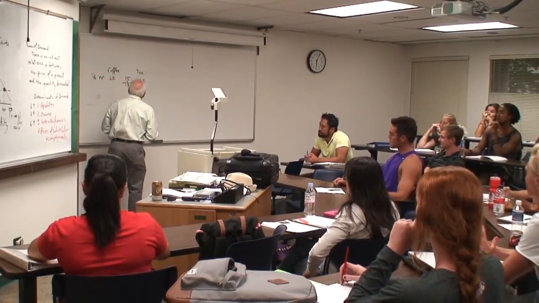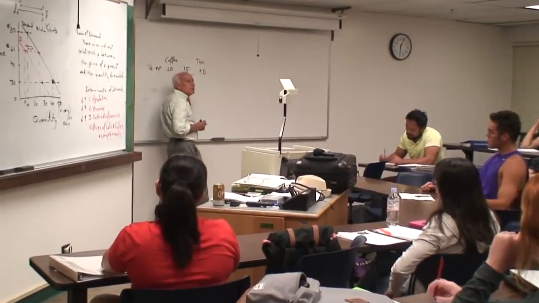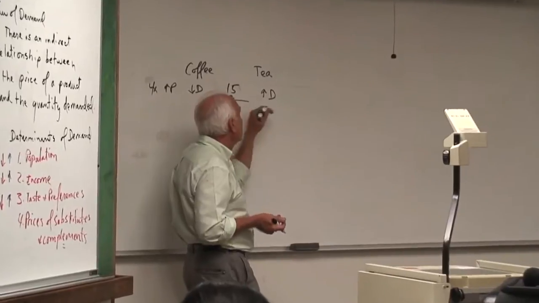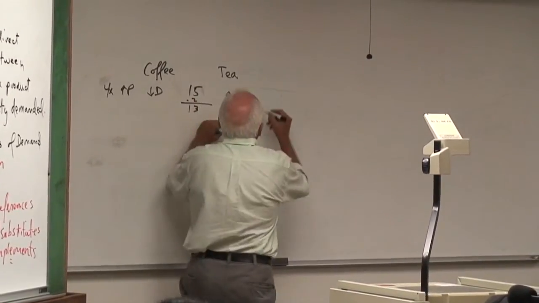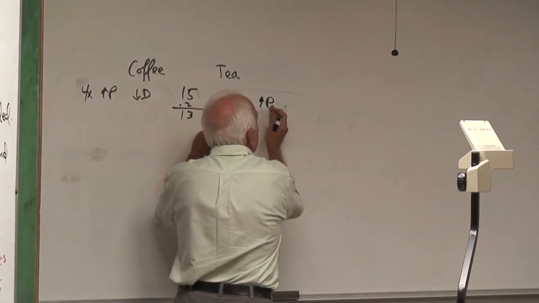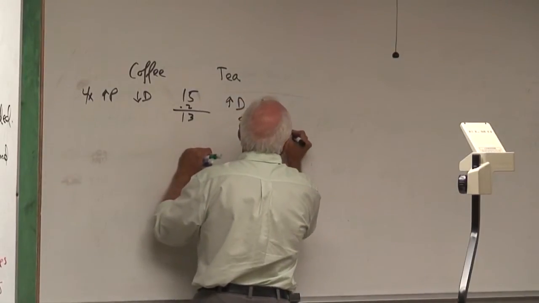Okay, so of these 13 people, what would you expect to happen to the price of your favorite tea if suddenly everybody is drinking more of your tea? Skyrocket. Yeah, okay. You would expect, as the demand now builds for this, the price of the substitute is also going to go up. This is called the substitute effect.